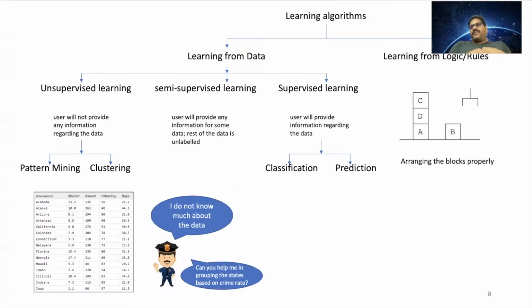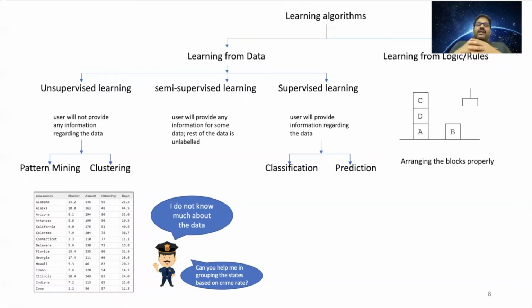The next one is clustering. In clustering, the user will simply provide the data set. For example, the user can provide the crimes in different places and simply ask the learning algorithm to group them based on the similarity of the crime rates.